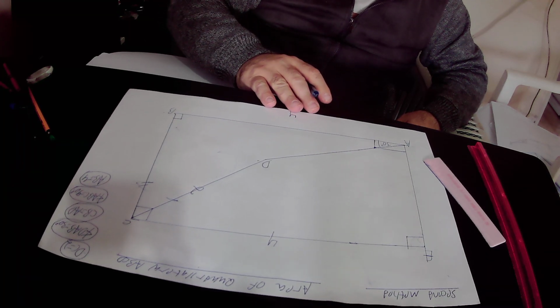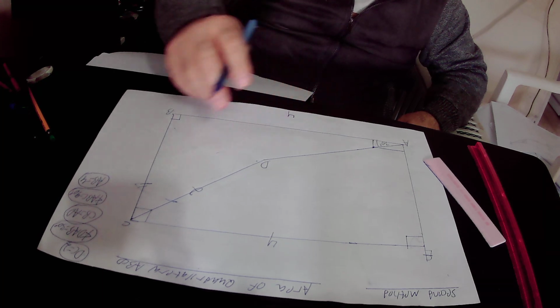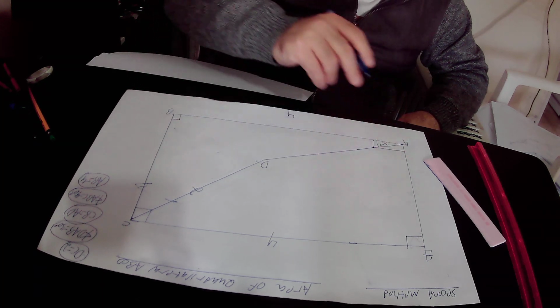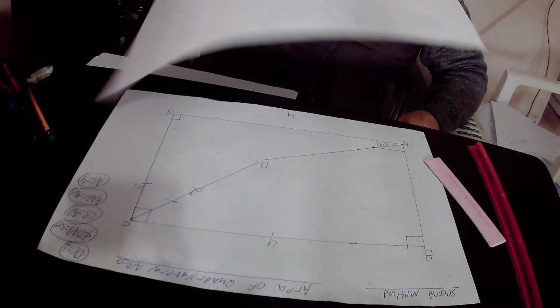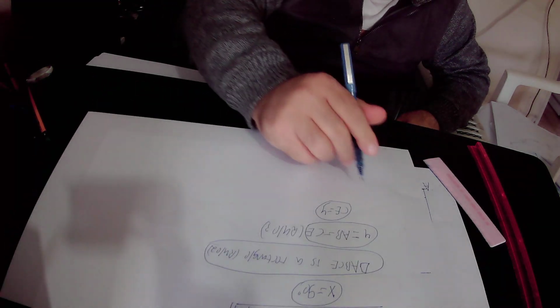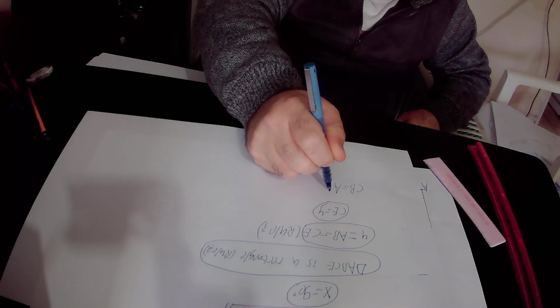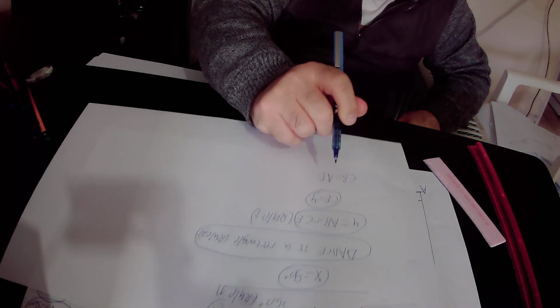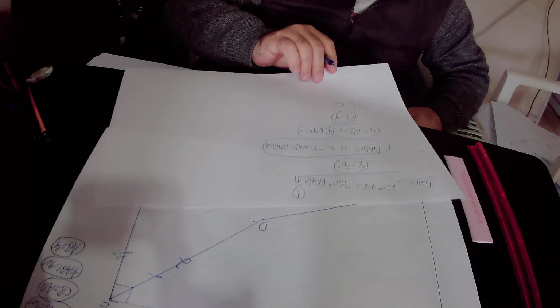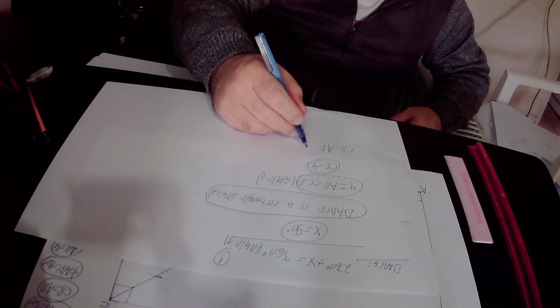Likewise, according to rule number 3, CB equals to AE.